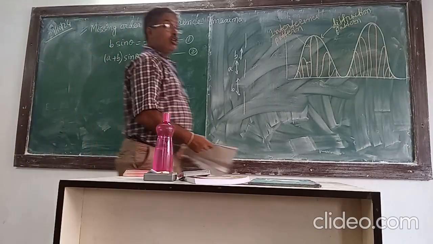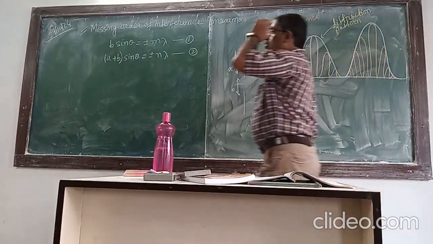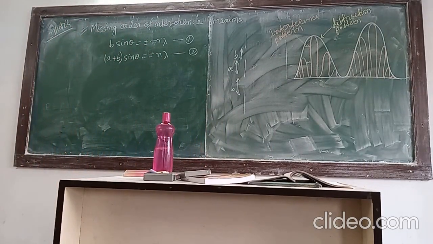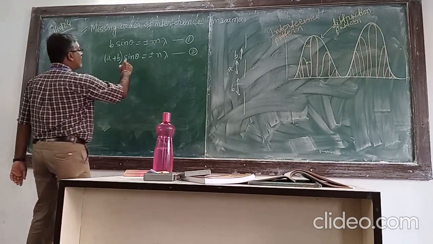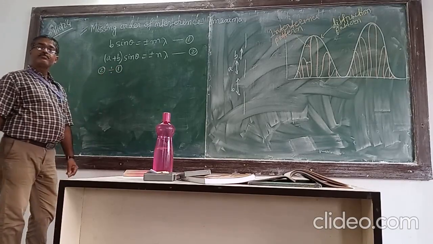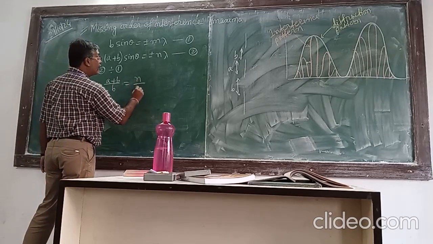So for a particular value of theta, from equation 1 and 2 we get, if we divide equation 2 by equation 1, (A plus B) by B equals n by m.